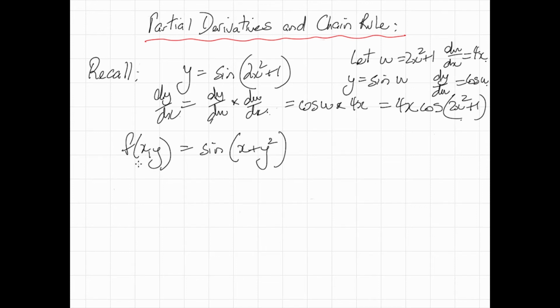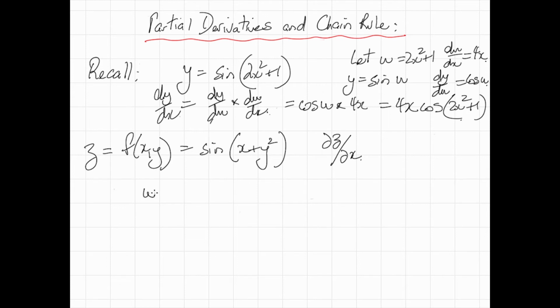So my function now is in terms of two variables, x and y. And we can say that's equal to z. And we want to find the partial derivative of z with respect to x. We use the same process as we did up here.